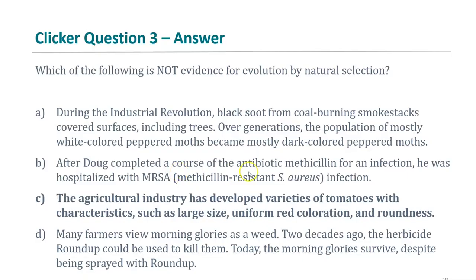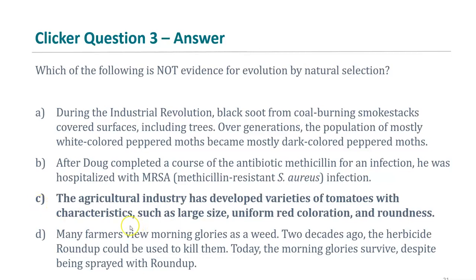Then, after Doug completed a course of the antibiotic methicillin for an infection, he was hospitalized for MRSA, which is methicillin-resistant Staphylococcus aureus infection. So we're seeing antibiotic resistance, right? We talked about that as well, how we can observe changes happening and accumulating in populations.